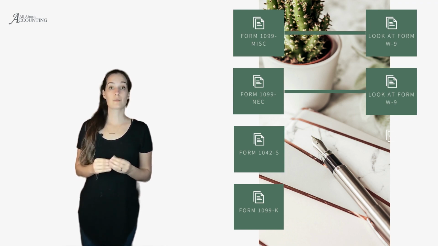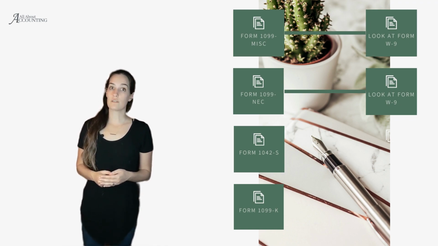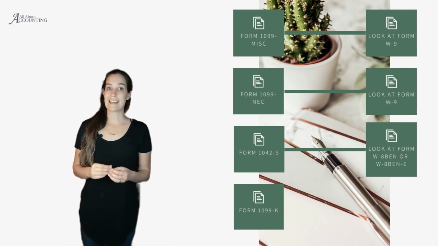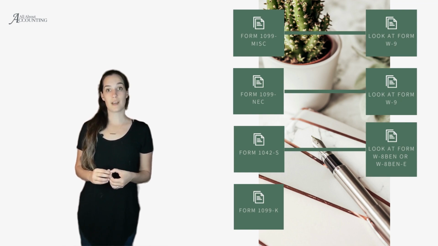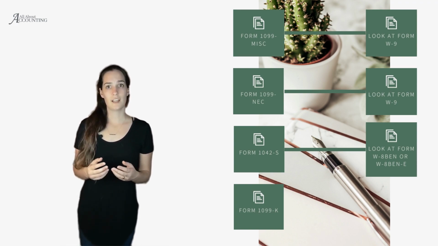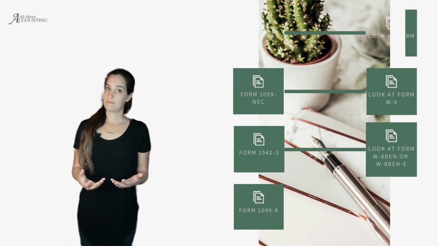For both Forms 1099-MISC and 1099-NEC, you'll use the information from Form W-9. For the 1042-S, you'll use the information found on Forms W-8BEN or W-8BEN-E. And for the 1099-K, you are very unlikely to ever issue this form. It'll only be something you receive.